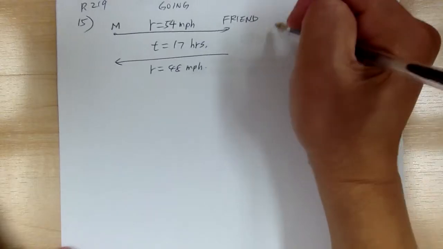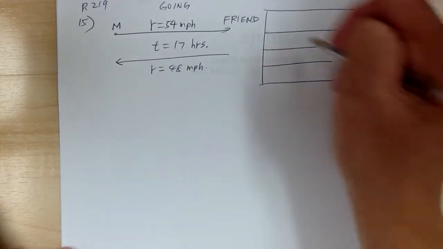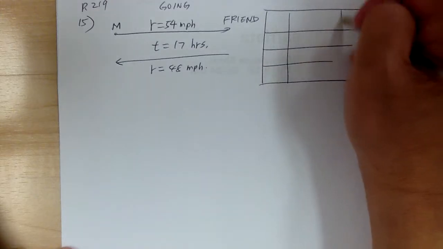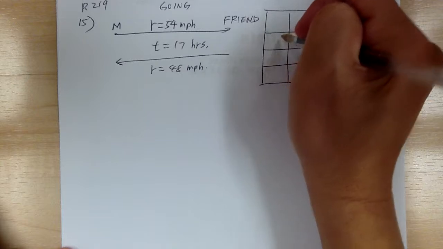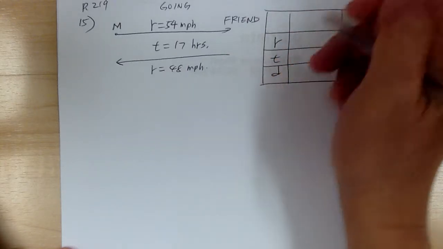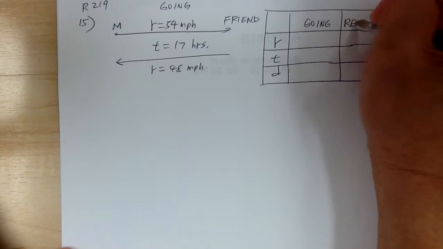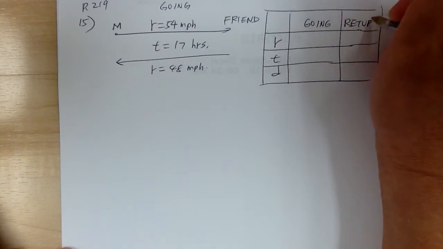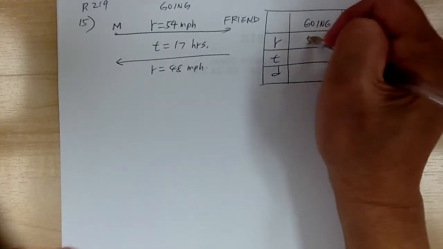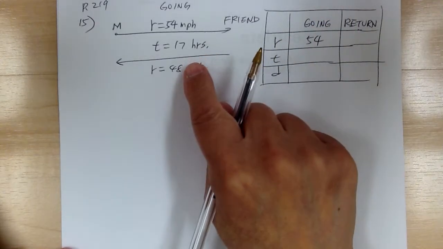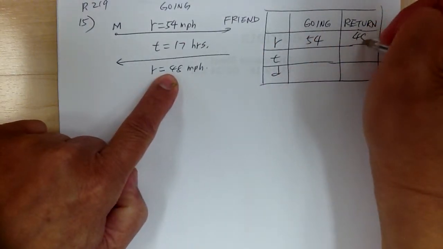So let's go and make the table. So r times time equal to distance. This is going, and this is return. When it's going, the speed is 54, and the speed coming back is 48.